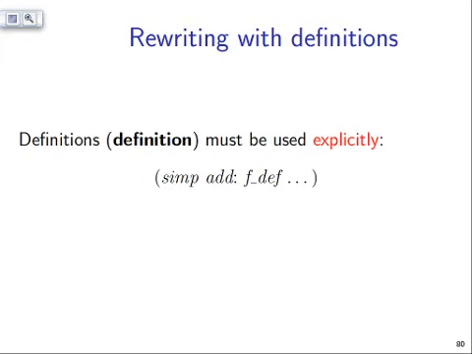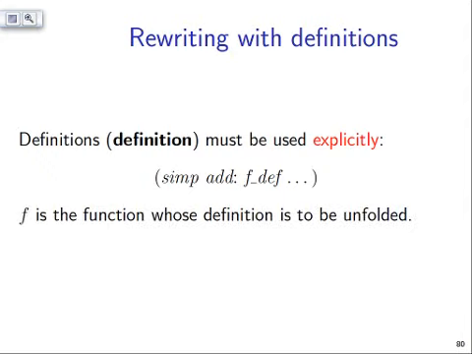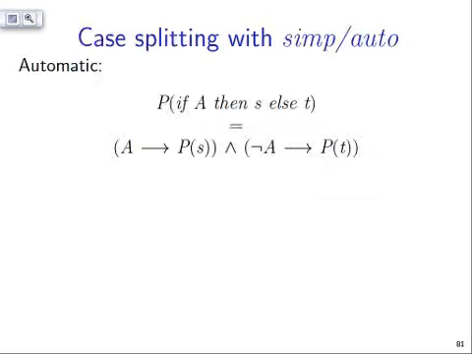Then you say simp add f_def. So if your function is called f, and you want to expand the function definition and it's defined in a definition, then you use this schema here. So f is the function whose definition is to be unfolded or rewritten with.